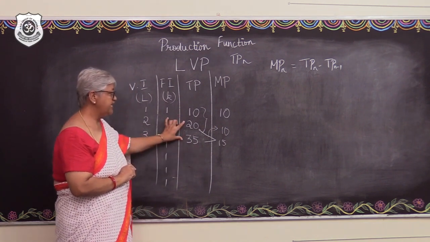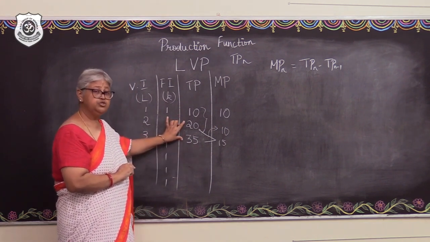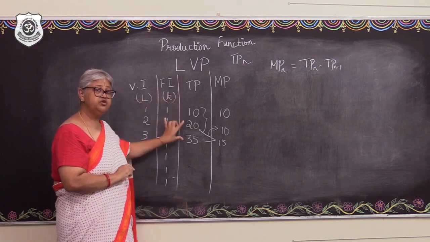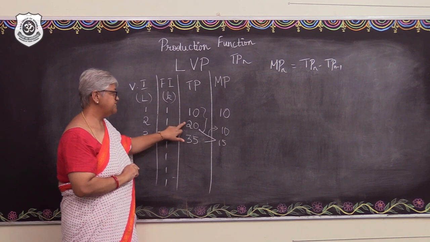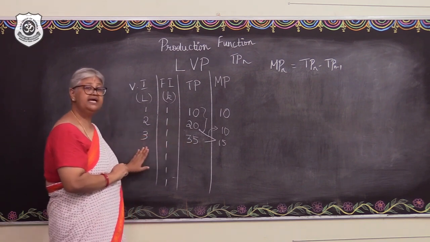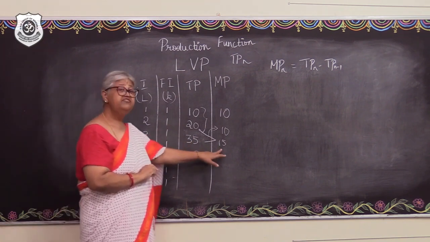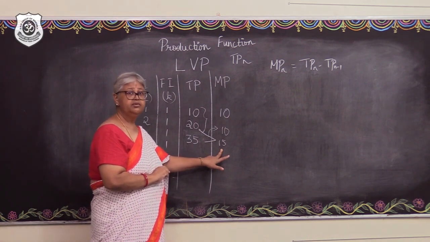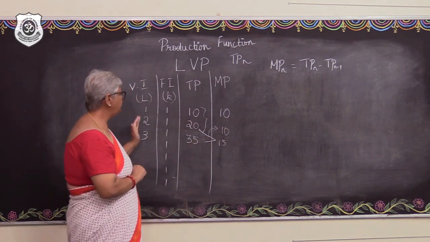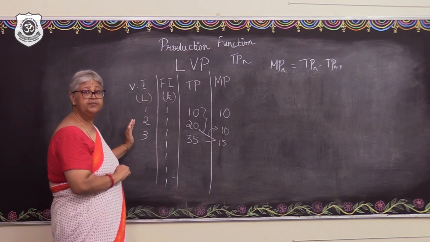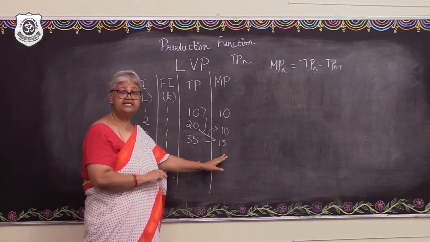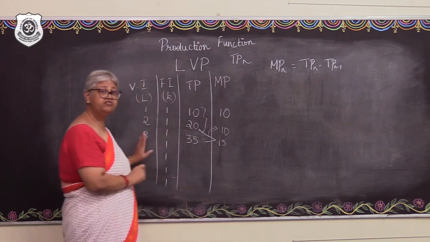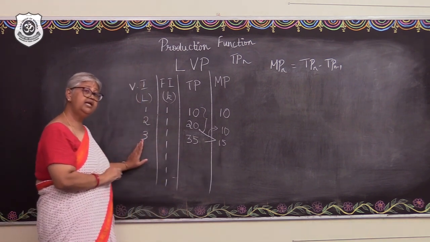And if you look into the change or the marginal product, in this case the rate of change of the total product, it is 35 minus 20, or the contribution by just the third person is 15 units. Compared to the first and the second person, the third person is contributing more. That's what we understand. There is an increasing return due to employment of 1 more unit of variable input.